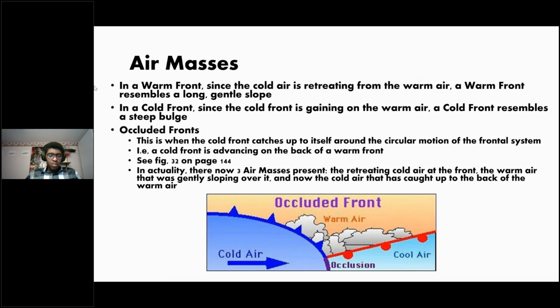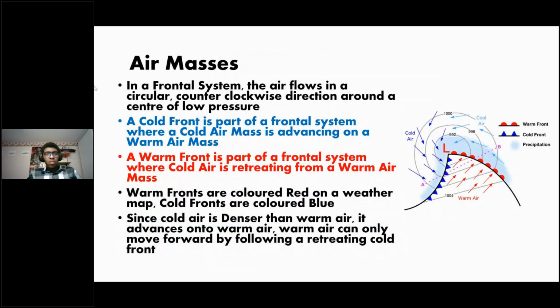So we also have another phenomenon called occluded fronts. Basically, if you remember back to this picture on this slide, frontal systems are circular, right? They move around the center of low pressure. So part of this front is a cold front, with the blue triangles that are advancing rather fast.